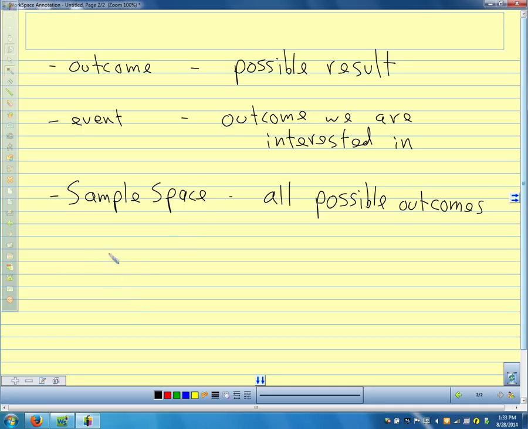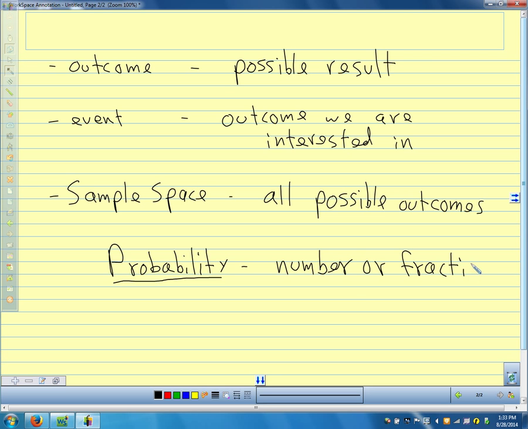All right. A couple of facts important to remember about probability. And I think you already know them. It's a number or fraction, and by number it could be a decimal, a number or fraction between 0 and 1.